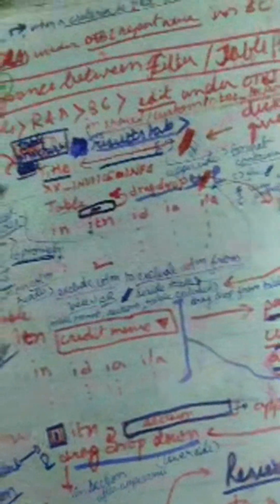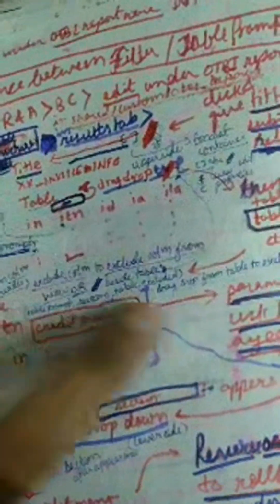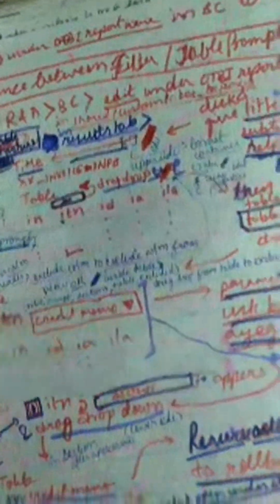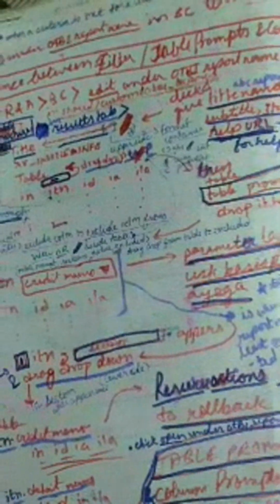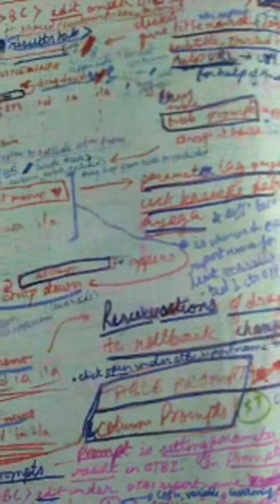You can do the column drag drop from one section to another, there are four parts. This one was explained in the last video. Apart from that, there was one major thing, the difference between a column prompt and a table prompt. First one is column prompt, the first one is table prompt.